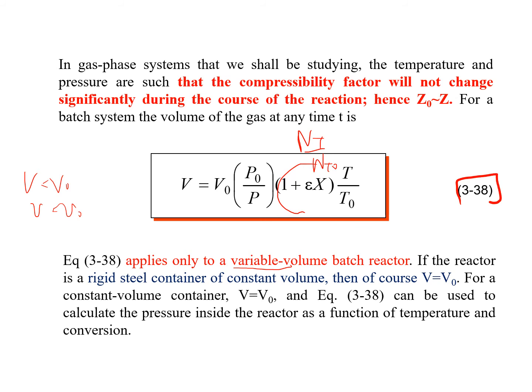If the reactor is a rigid steel container of constant volume, then of course V is equal to V0. Equation 3-38 can then be used to calculate the pressure inside the reactor as a function of temperature and conversion. With constant volume, the pressure inside the reactor can change, so you can calculate it.